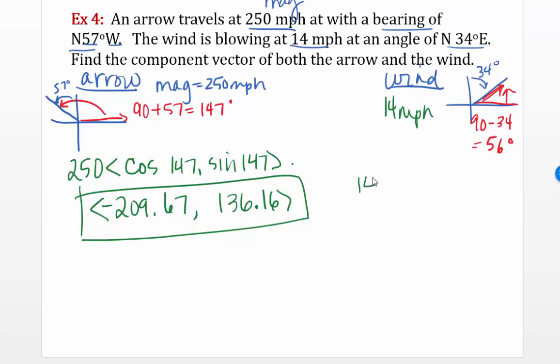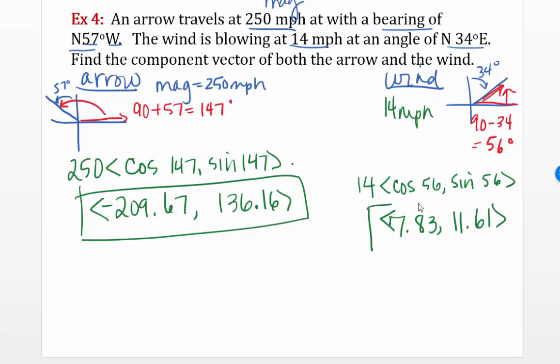And so then I have 14 times the cosine of 56 and then the sine of 56 degrees. So I get 7.83 and 11.61. So there's my component form of those two vectors.